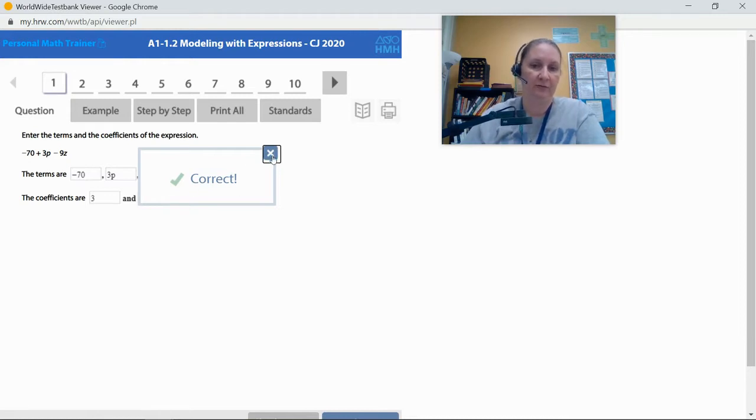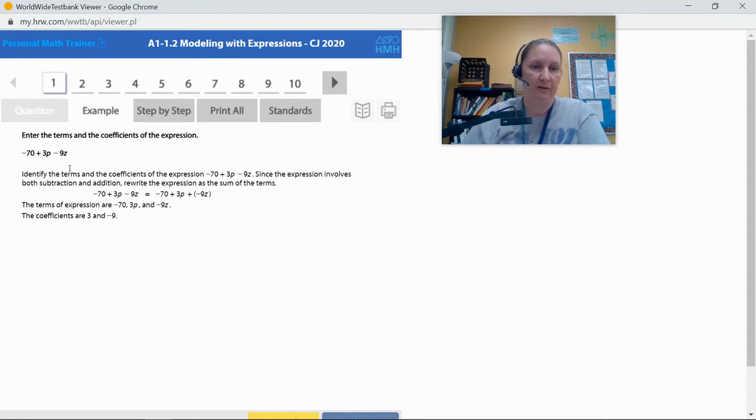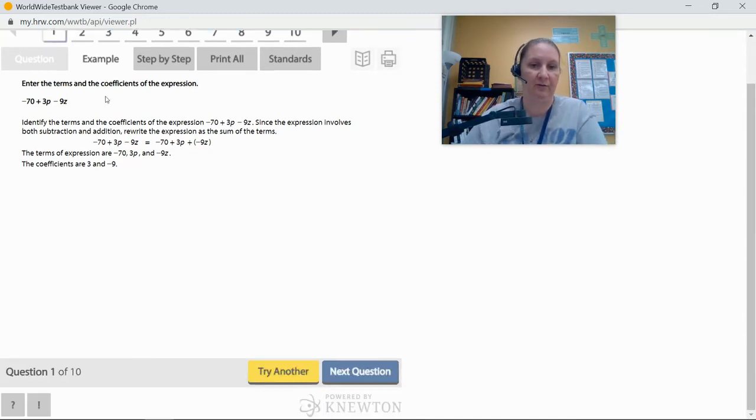I wanted to point out a few things while I have this up here. As soon as it goes away, you do have the option of looking at an example that will talk you through the question or show you what to do for the question. And when you push example, it will ask you to try another. So this does not count against you in terms of getting it wrong.